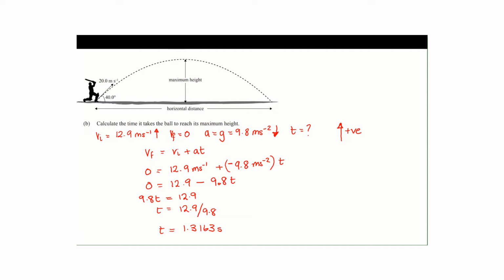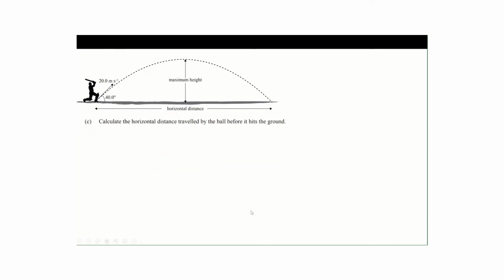Generally, the information has been given to us as 3 significant figures, so we would make t equal to 1.32 seconds. Okay, so that's part B done.